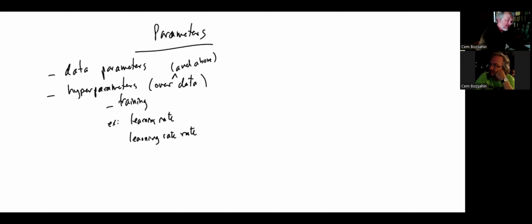And after that, in LLMs and engineering models, there are response parameters.